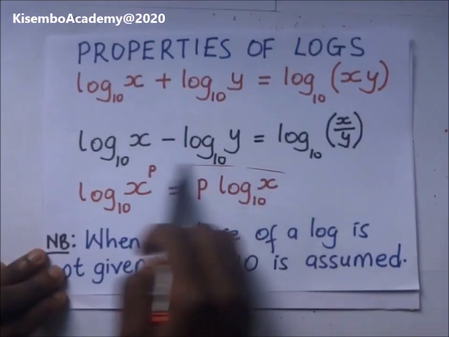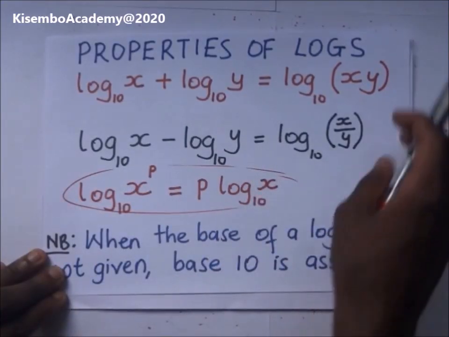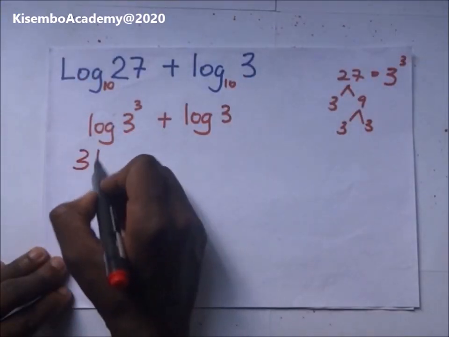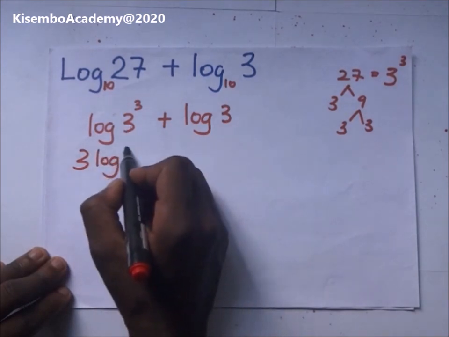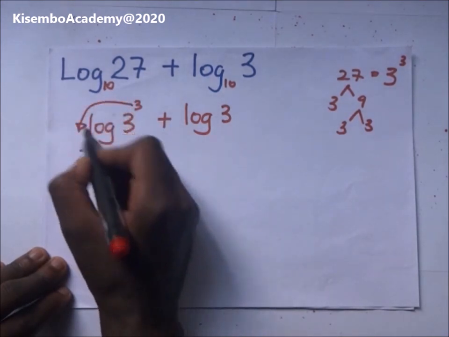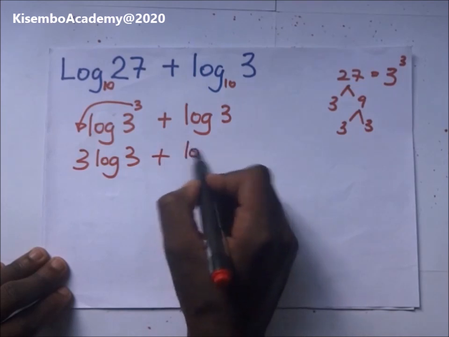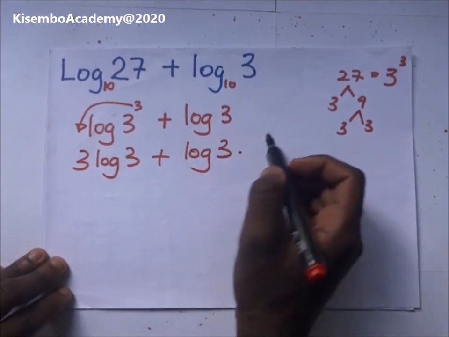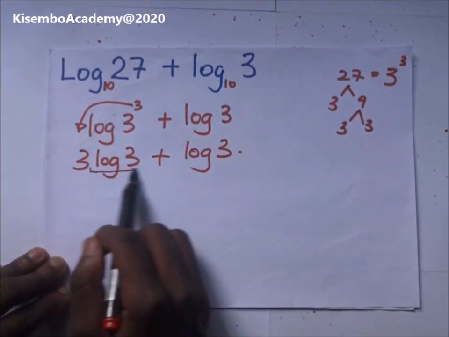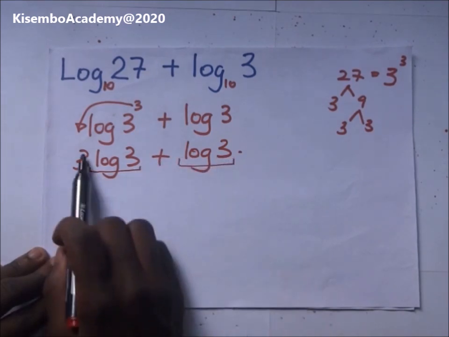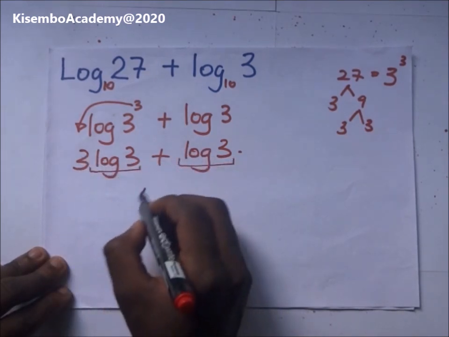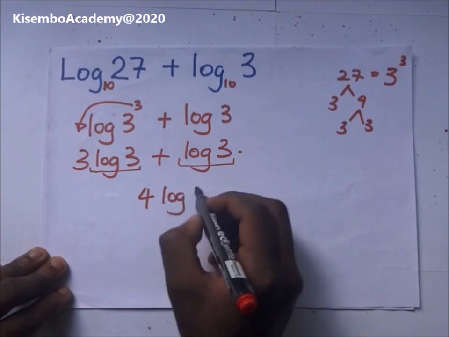Using this property, it becomes 3 times the log of 3, plus the logarithm of 3. Of course here it's like saying 3x plus x. So 3 log 3 plus log 3 is going to give us 4 log 3.